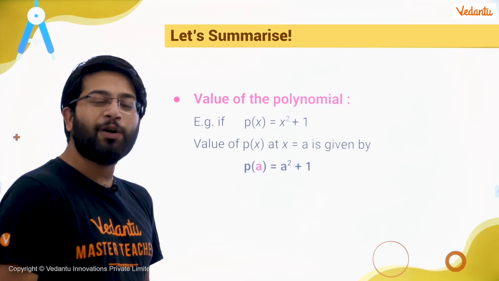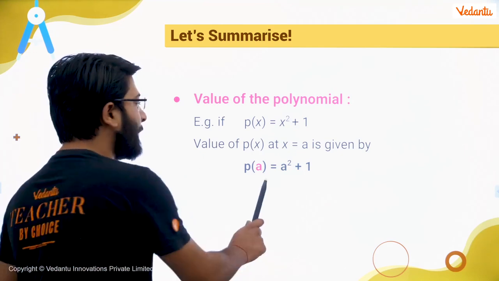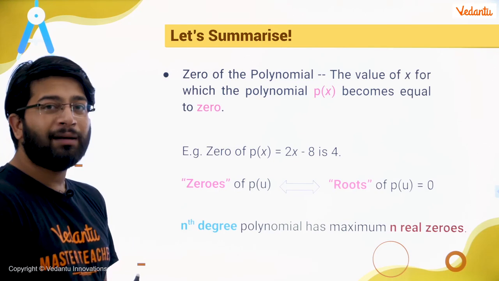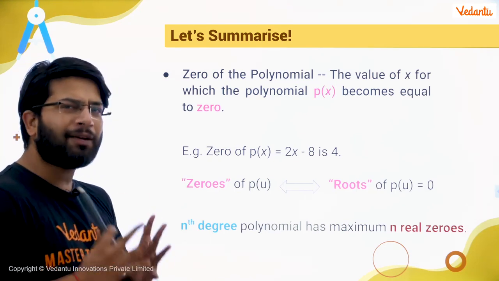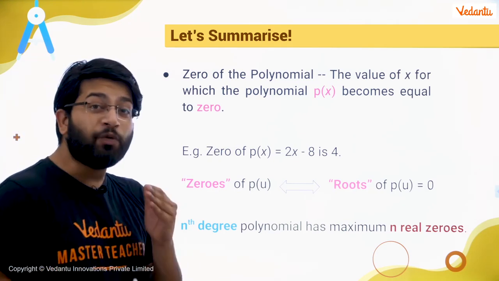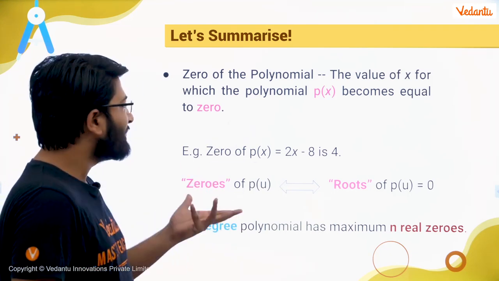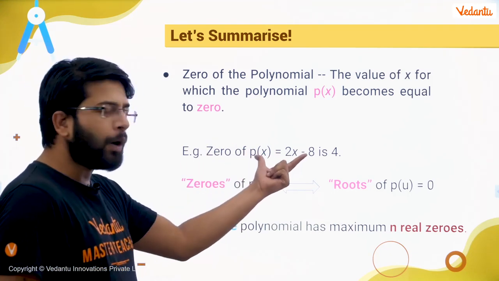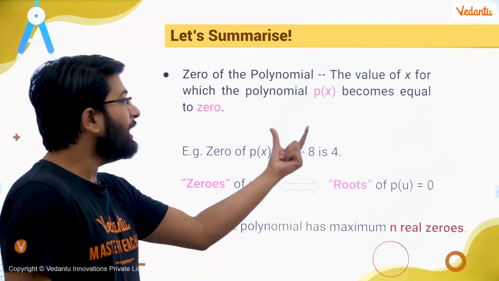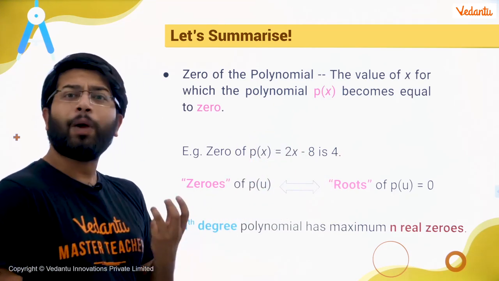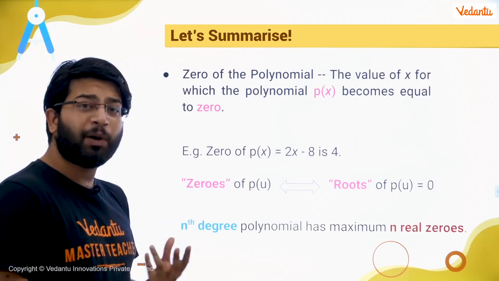You will get the value of the polynomial at x equal to a. After that, we have seen what the zeros of the polynomial are. Zeros of the polynomial are the values of the variable at which the polynomial value becomes 0. For example, for the polynomial 2x minus 8, if I put x equal to 4, this will become 0. So x equal to 4 is the zero of this polynomial.